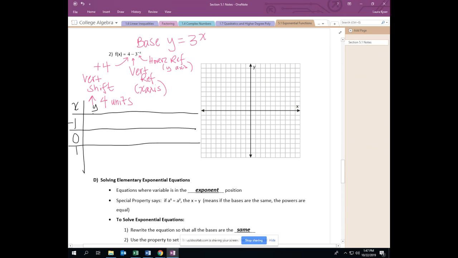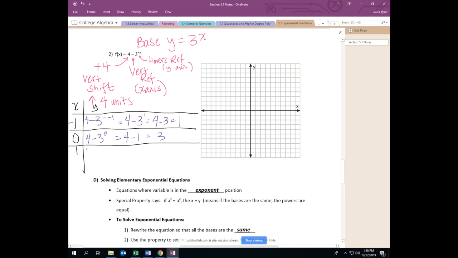So I'm going to start with -1. So I've got 4 minus 3 to the -1 power. Because it's minus, then negative. So again, we're looking at 4 minus 3 to the first power, which is 4 minus 3, which is 1. Well, that's nice. That one's not terrible at all. Plugging in 0, we've got 4 minus 3 to the 0 power, and 3 to the 0 power is 1, so 4 minus 1 is 3.